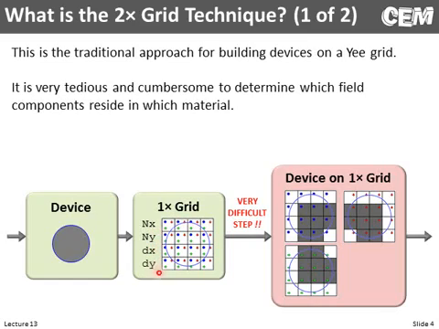So the ordinary grid, the standard grid that we've been talking about, we're going to call the 1x grid. The next step then is to construct all of our material arrays. So we have epsilon xx, epsilon yy, epsilon zz, mu xx, mu yy, and mu zz, and all 6 of those exist at different points. And so potentially they look a little bit different, particularly at the boundaries.